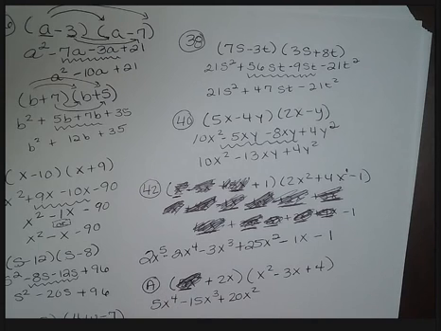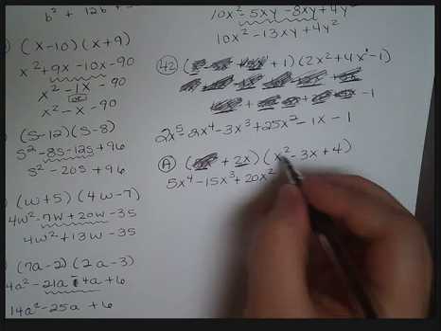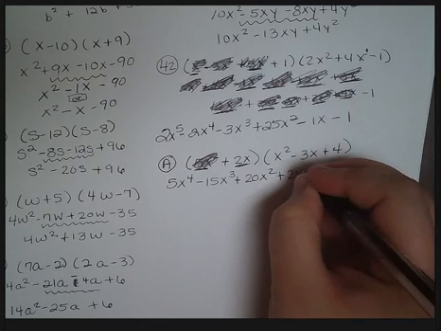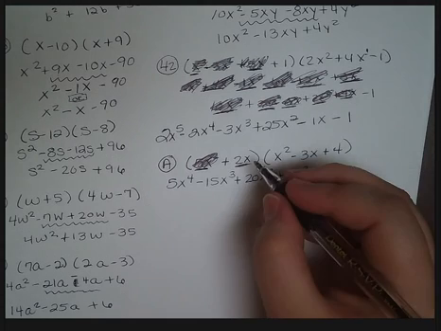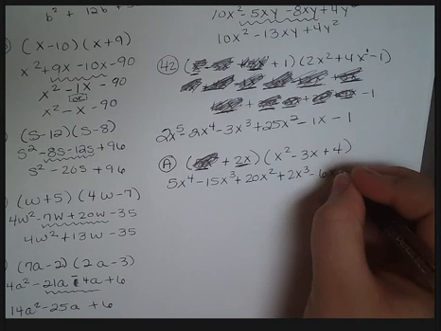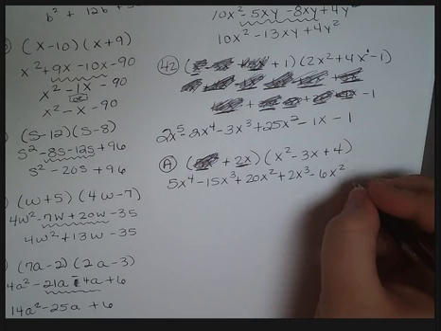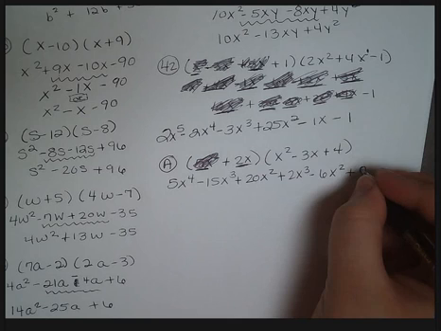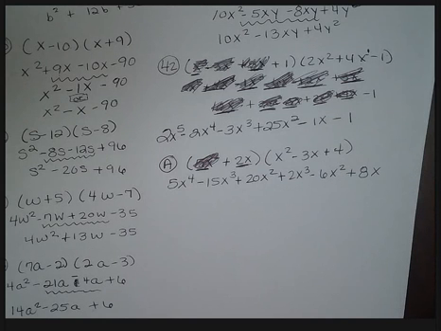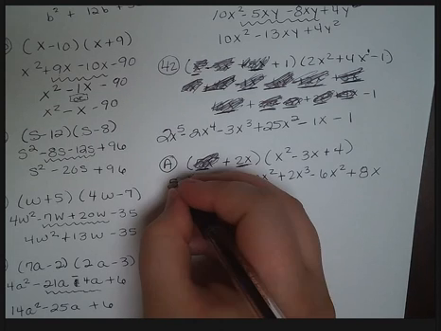Now we're going to use our 2x. 2x times x squared is 2x to the third. 2x times negative 3x is negative 6x squared. And then 2x times 4 is 8x. Now you combine your like terms. Well, there's only one x to the fourth term.